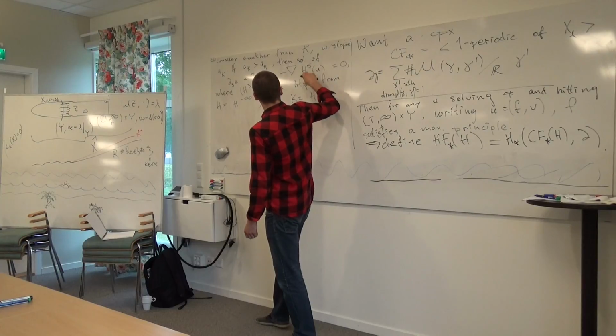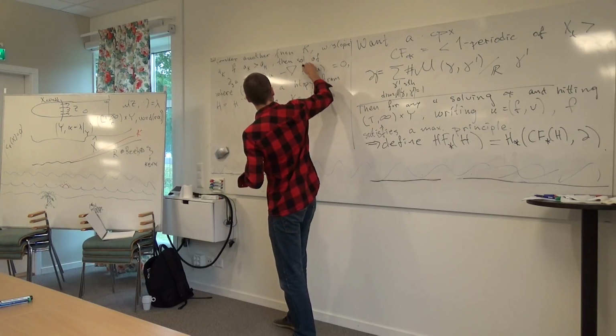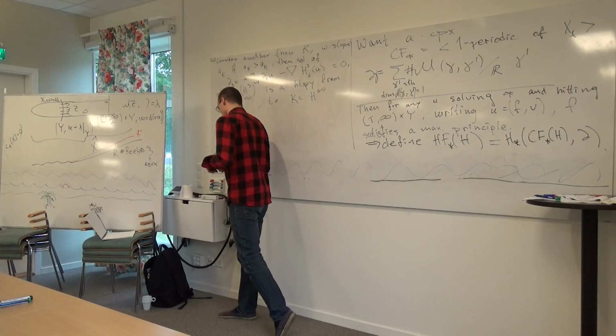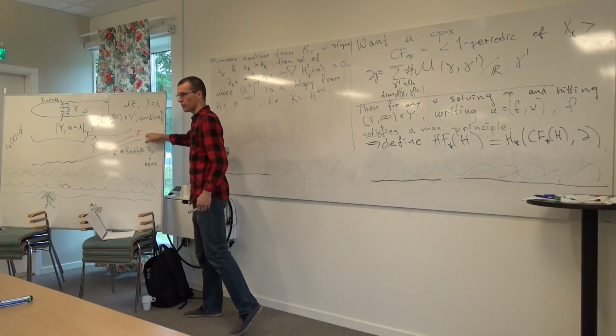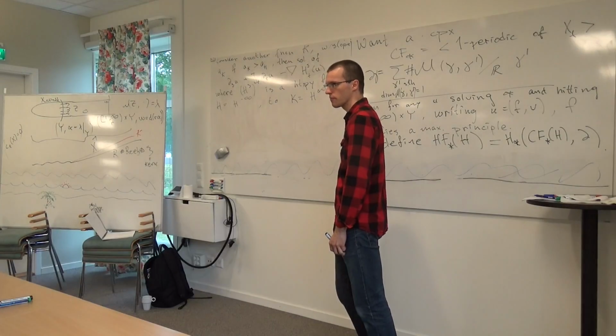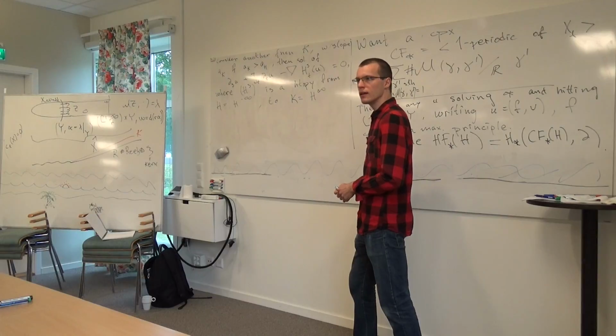You write the same equation, but with the homotopy in here. And if you're careful, you can, in this case, do it so that you have a maximum principle. Are you imposing the homotopy is linear at infinity?